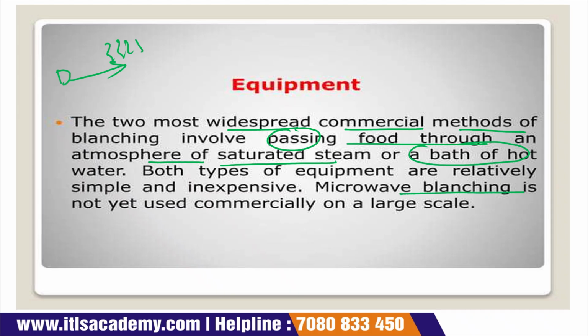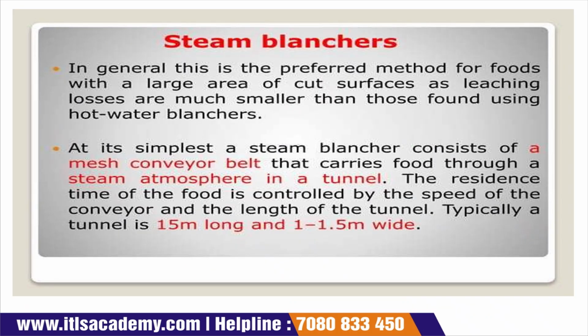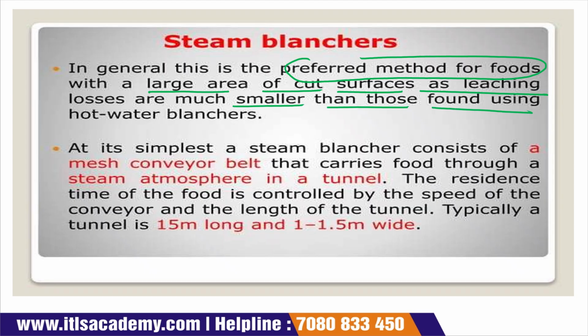Microwave blanching is not yet used commercially on a large scale. Steam blancher. In general, this is the preferred method for food with a large area of cut surface, as leaching losses are much smaller than those found using a hot water blancher.